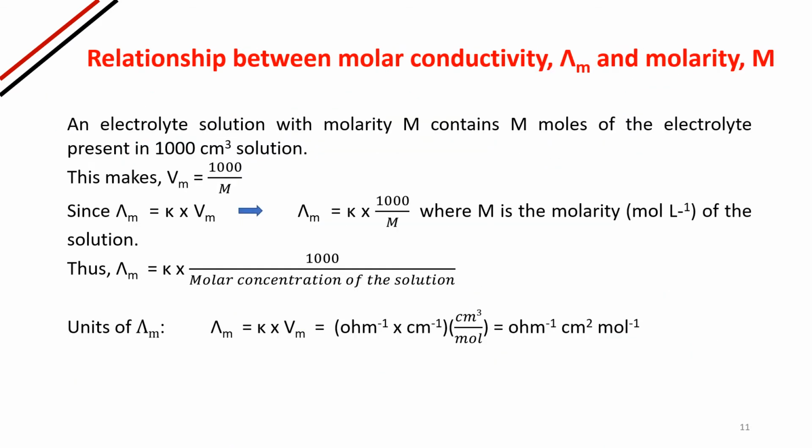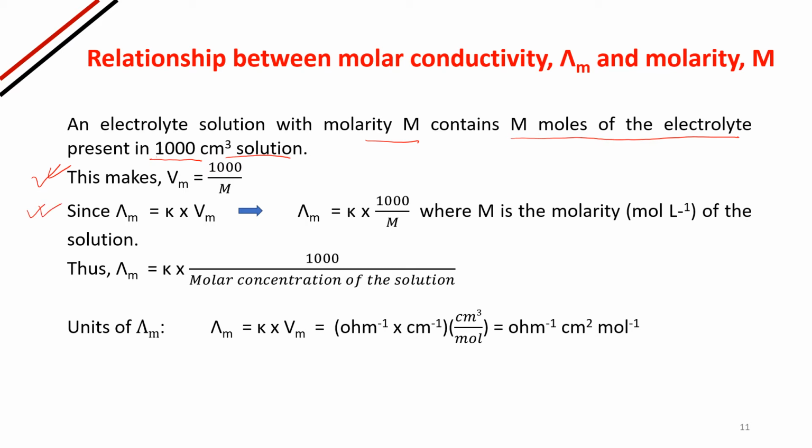Relationship between molar conductivity lambda m and molarity m. An electrolyte solution with molarity m, what does it mean? It contains m moles of the electrolyte in 1000 centimeter cube of the solution. Okay, so it means that Vm is equal to 1000 by m.